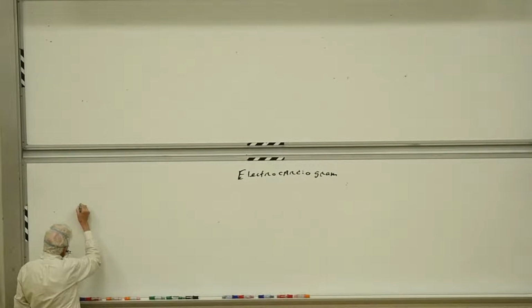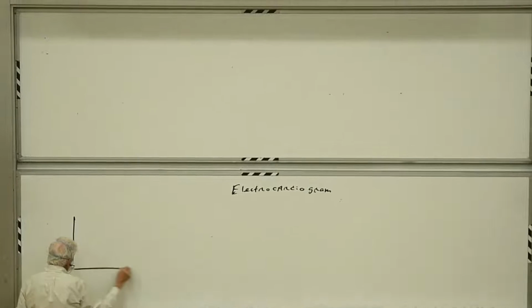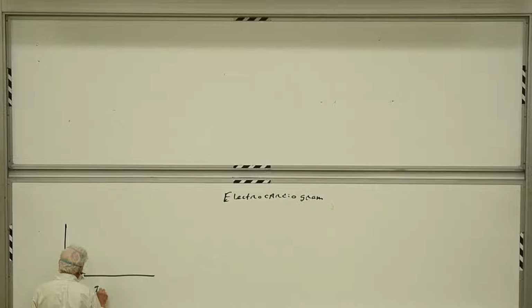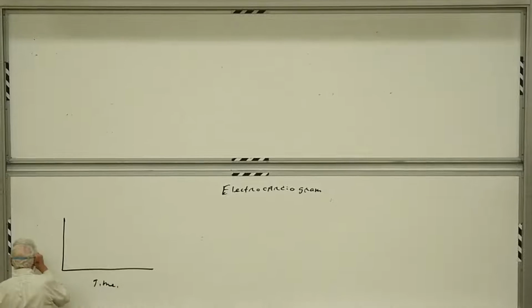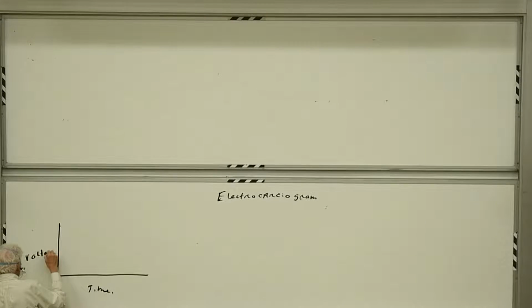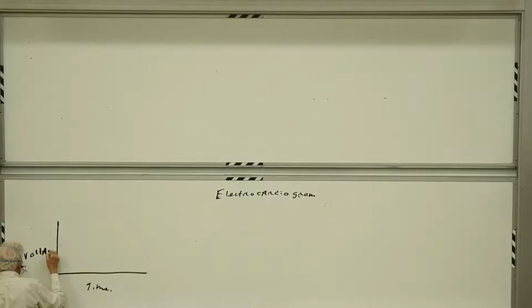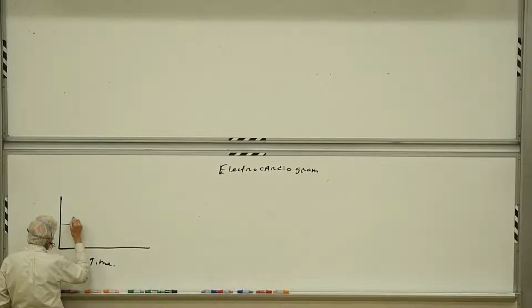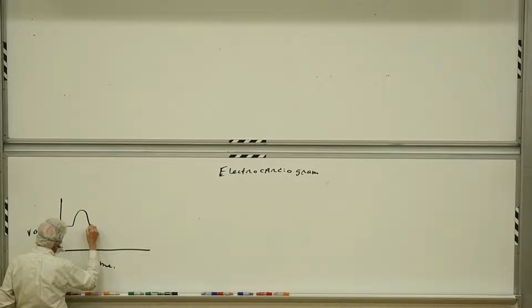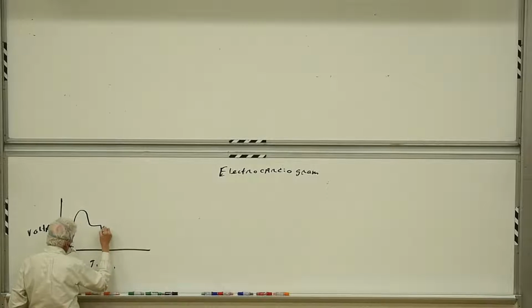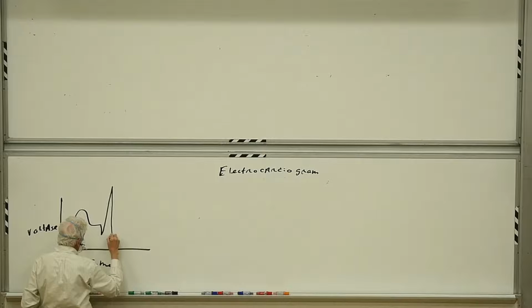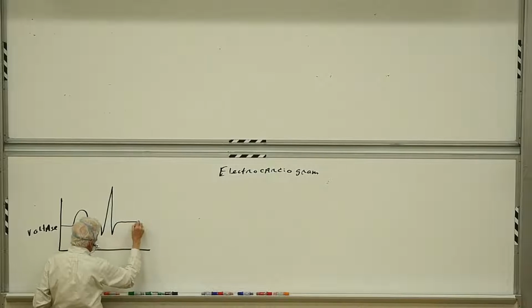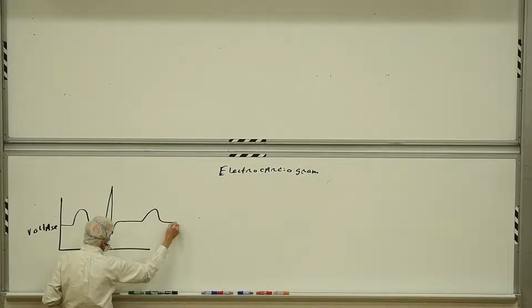If we draw it this way, this is time, and this is voltage. Typically we'll see this depolarization, and we see this hyperpolarization, up, down, up, and another wave.